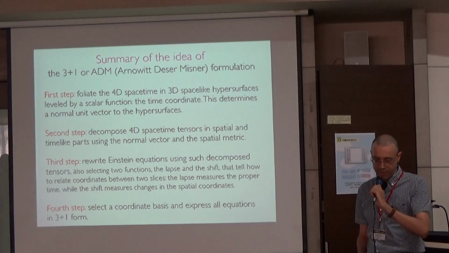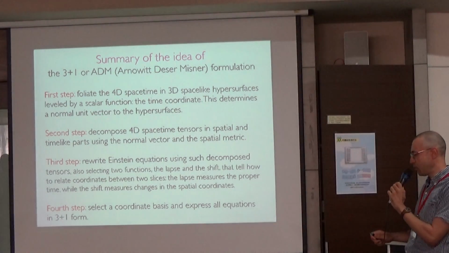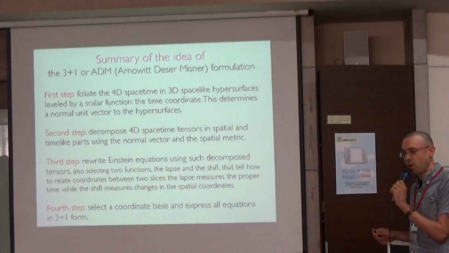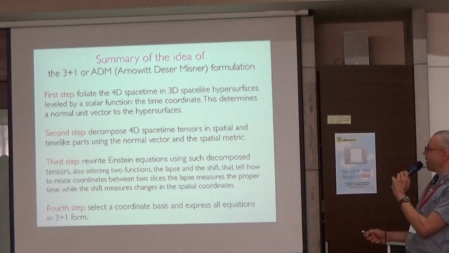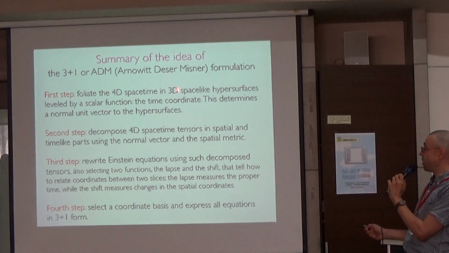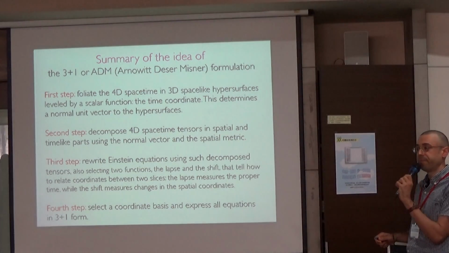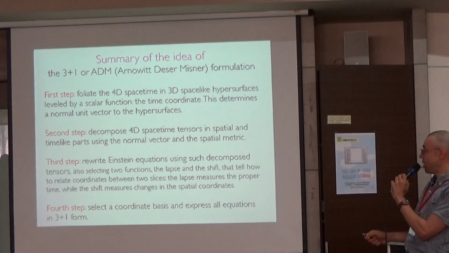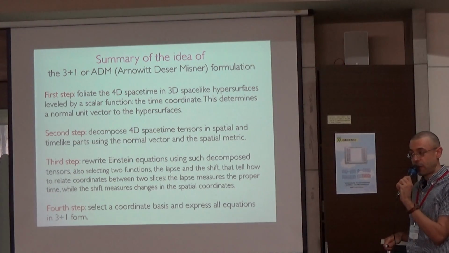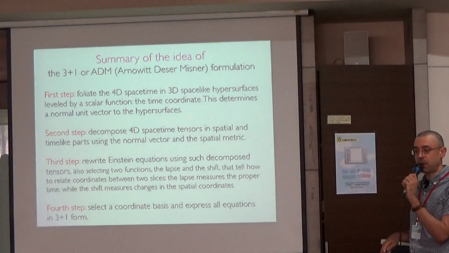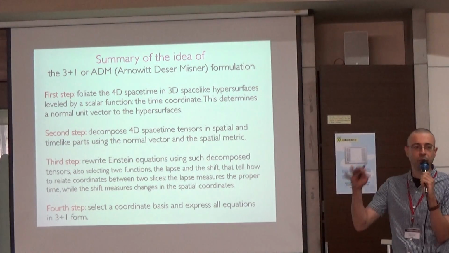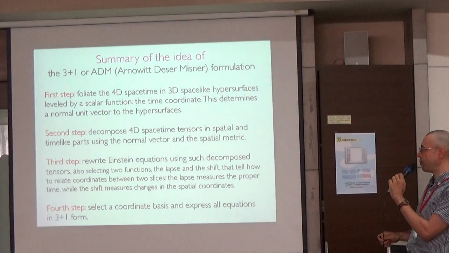So, a summary of how to solve 4-dimensional equations in 3 dimensions plus 1 with computers. By the way, this method is called the ADM, Analytic formulation. Of course, very famous. First step, foliate the four-dimensional spacetime into three-dimensional spatial hypersurfaces with some parameter that we call time, labeling each of them.